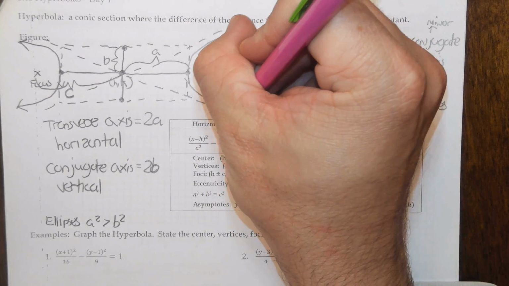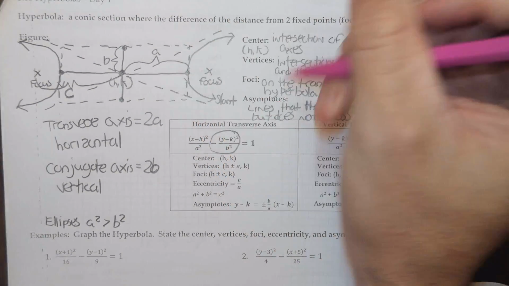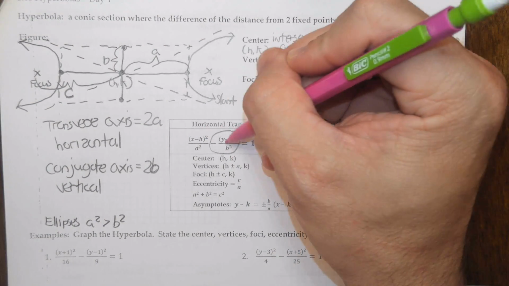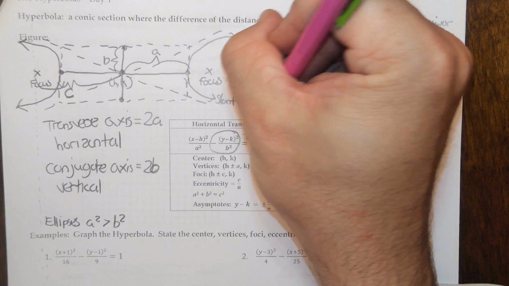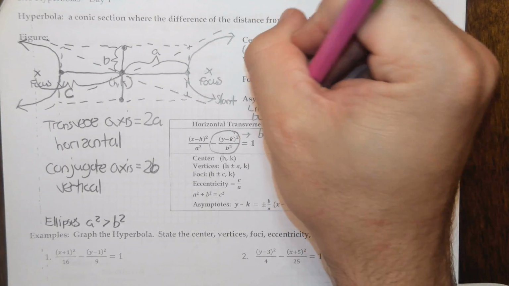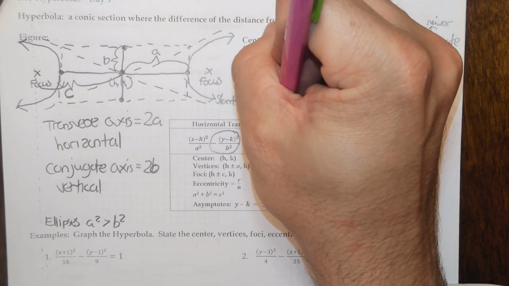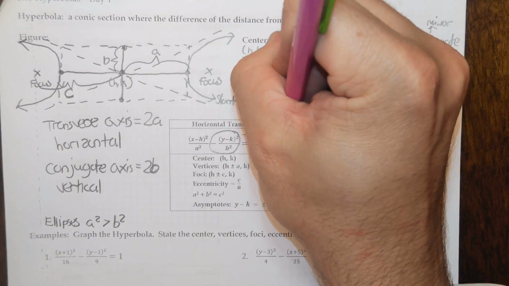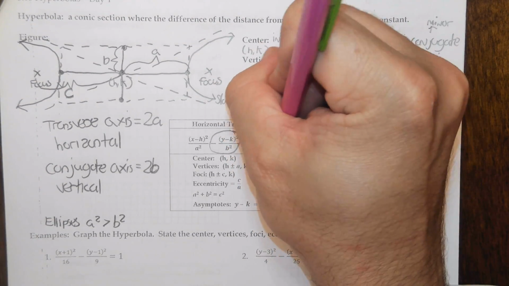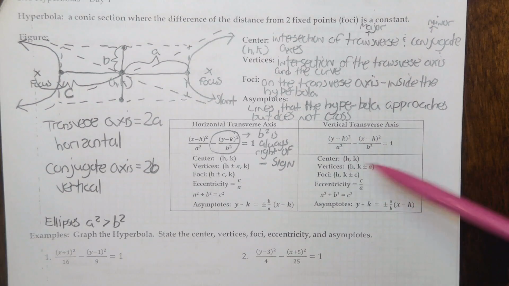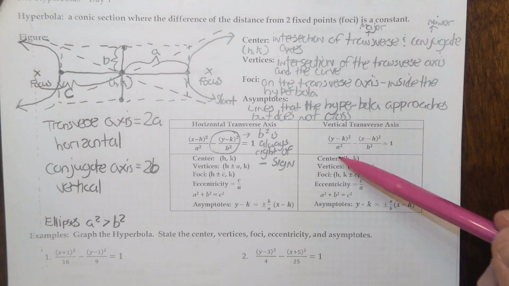If you look at this second part right there, see how there's a negative in front of this whole fraction? B squared is always to the right of the negative sign.